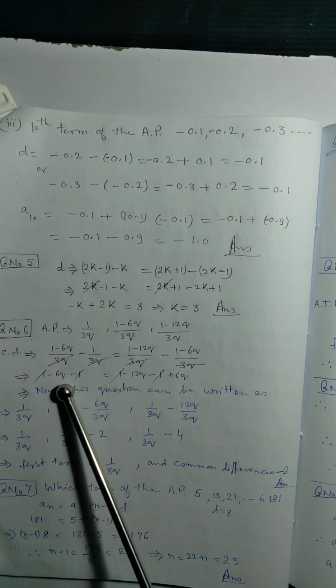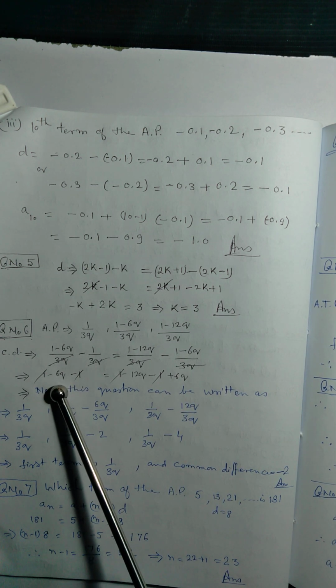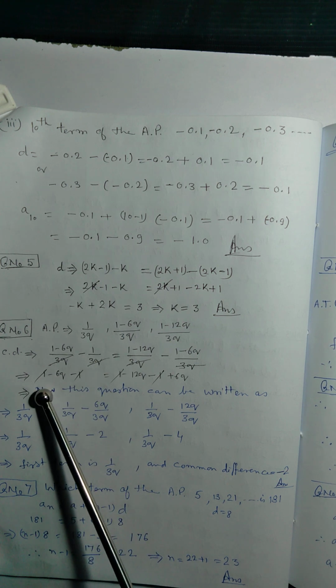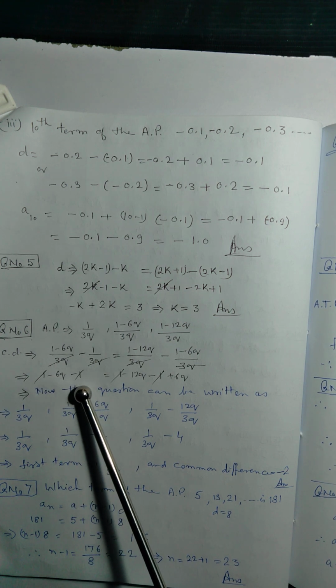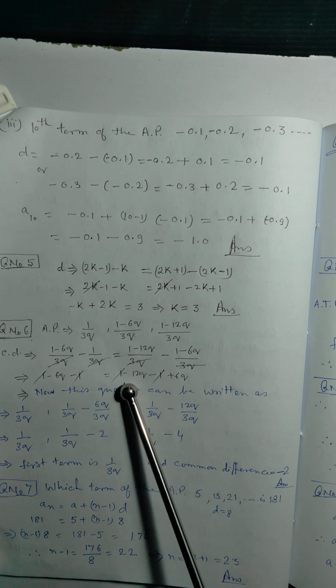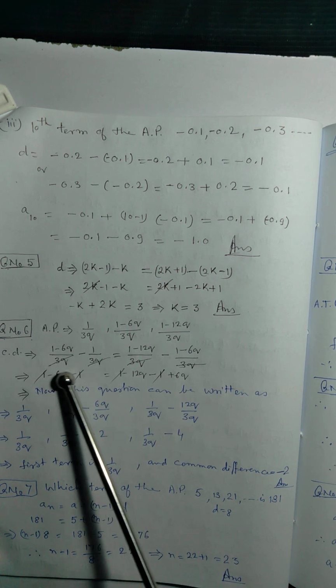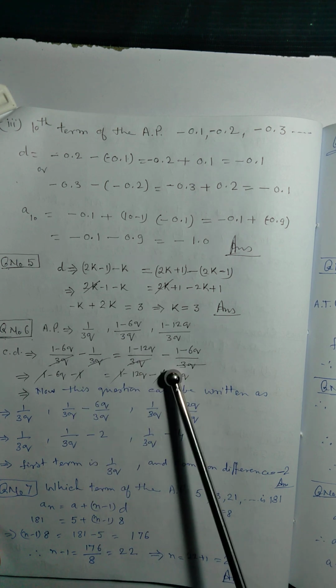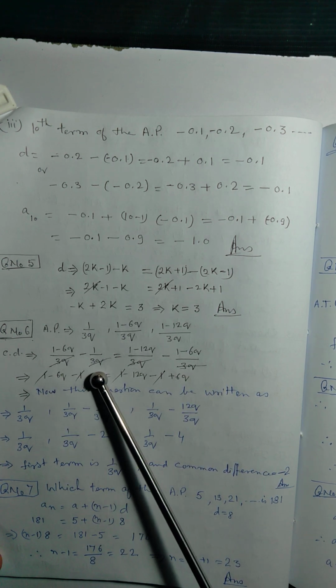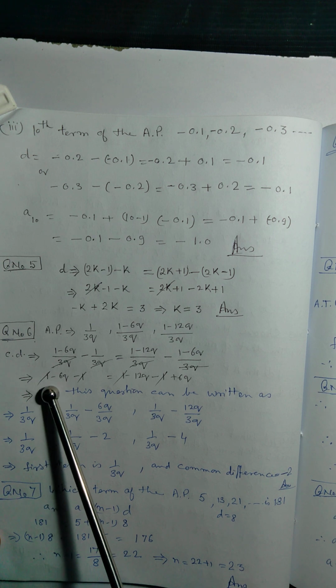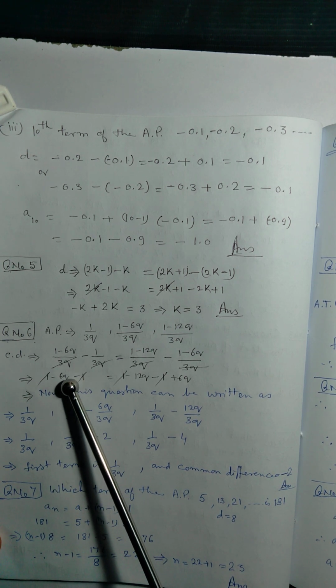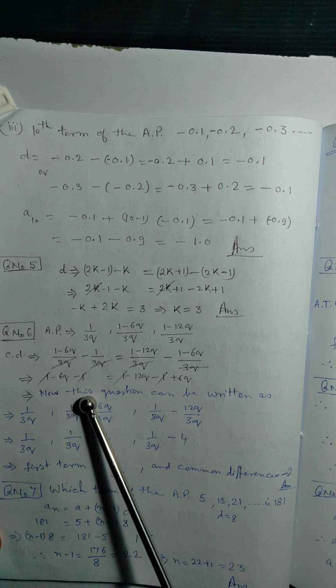Here I have solved it: 1 minus 6q minus 1 equals 1 minus 12q minus 1 plus 6q. You see both sides cancel, meaning they are equal. The common difference exists, but we are not getting any solution from it.